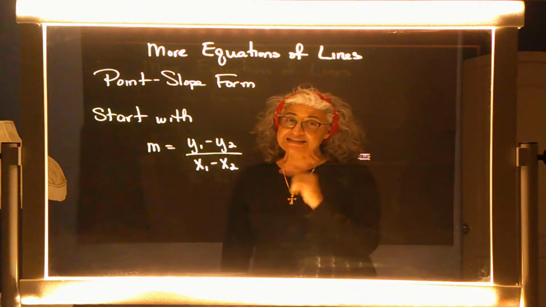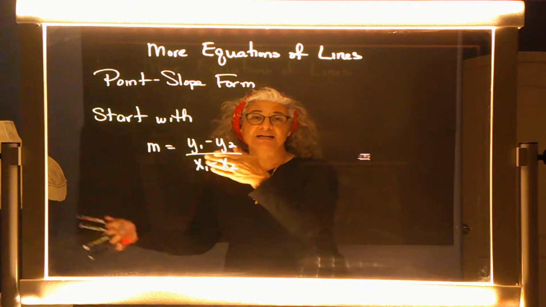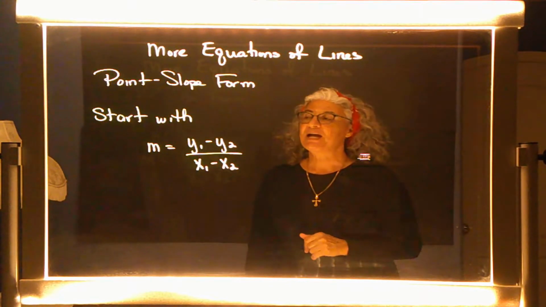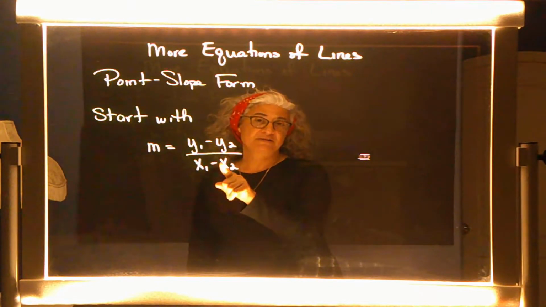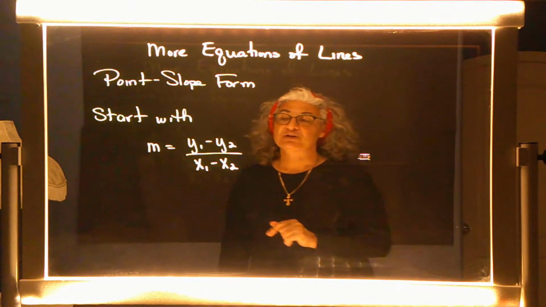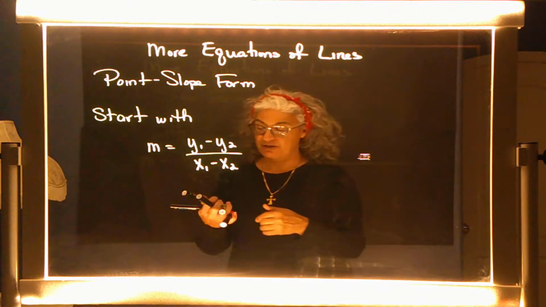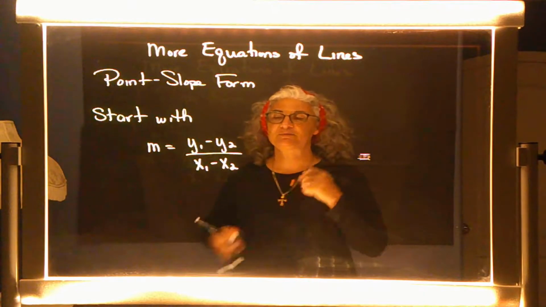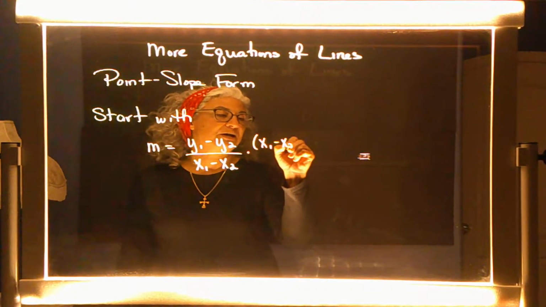Now, to get to that point-slope form, you have to remember the slope formula, and here it is. Okay? Now, here's the deal. I want to get rid of this denominator. Since this denominator is attached by division, what do I have to do to get rid of it? Good, I have to multiply, which means I need to multiply both sides by the denominator.